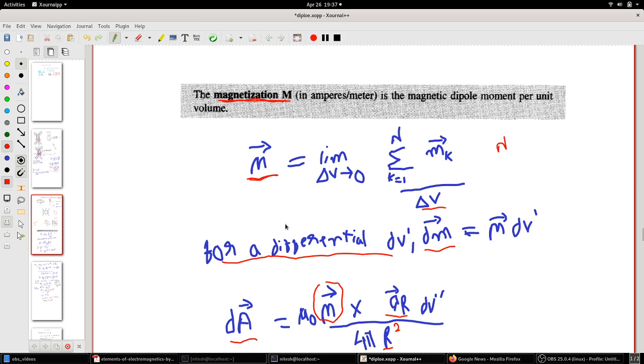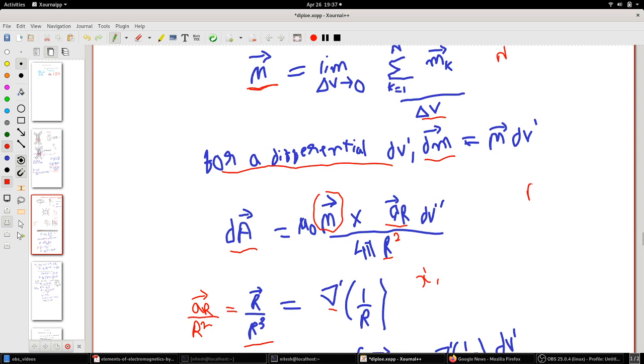Now we need to find the relationship between B, H and M. To do that, we start off with the derivation using the magnetic vector potential.